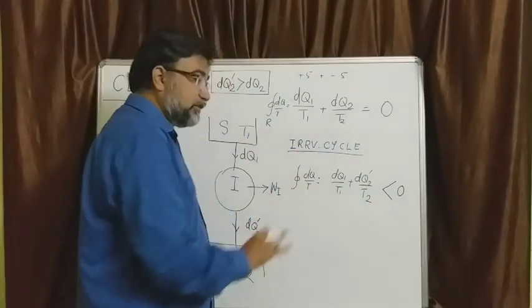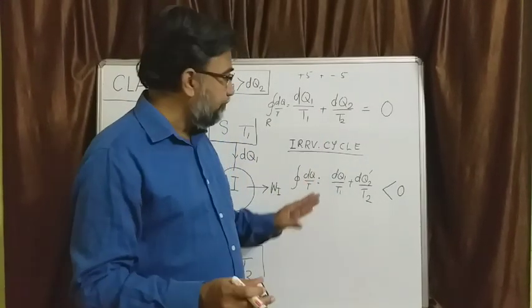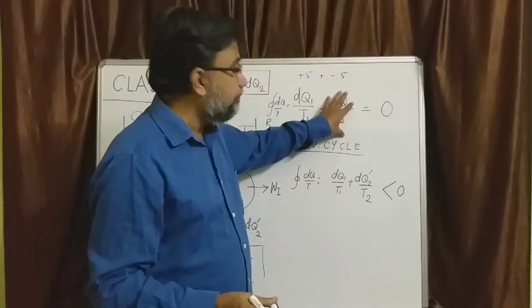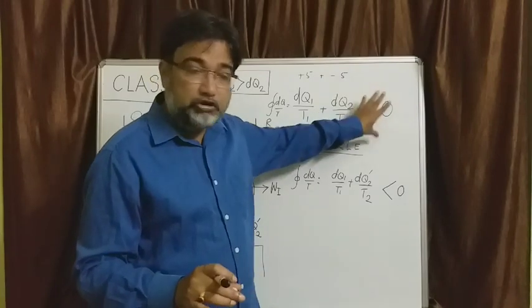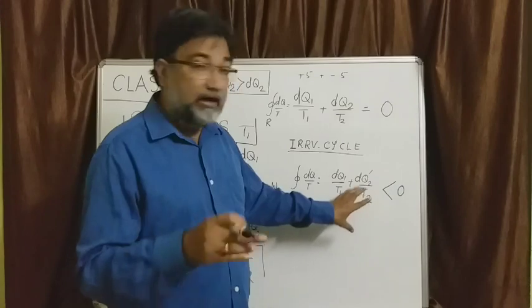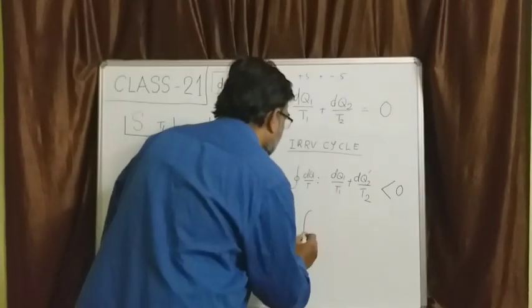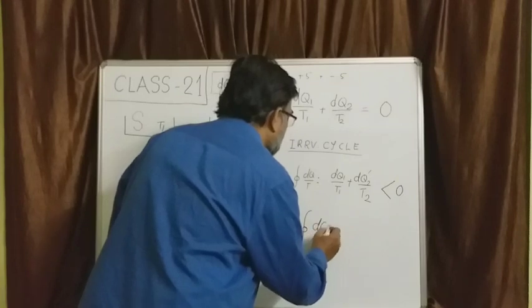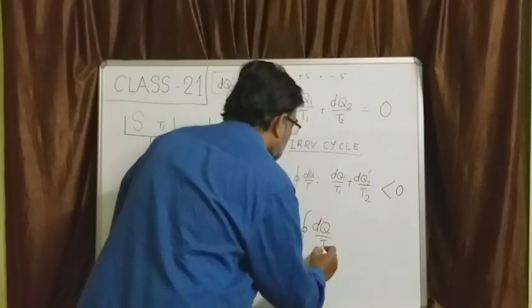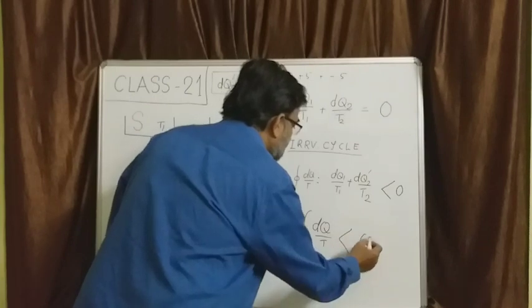So in the reversible cycle, just make a comparison and logically think that you are adding the same thing, equal and opposite, and it is giving you 0. Here you are adding the same thing, higher and opposite, and that is negative, so it will be negative. So the cyclic integral of dq by t for an irreversible cycle will be less than 0.